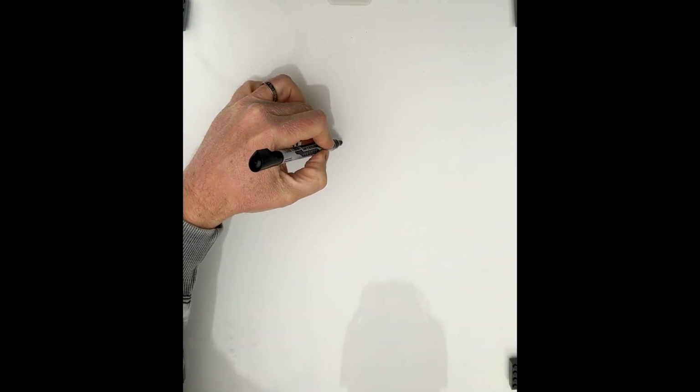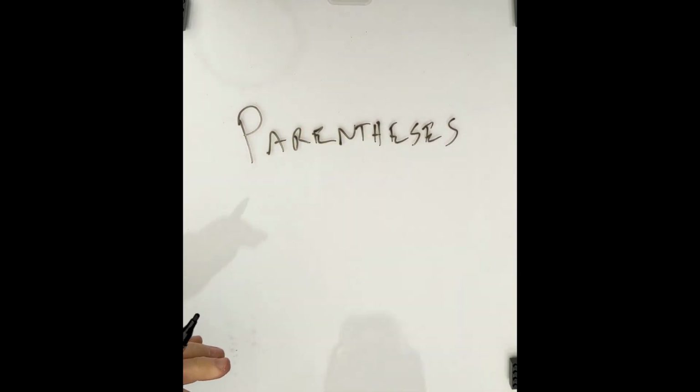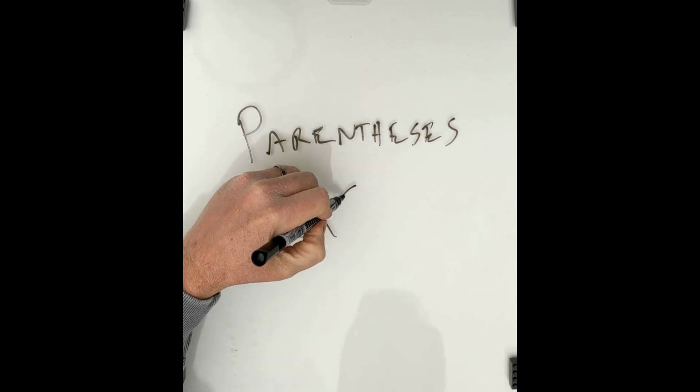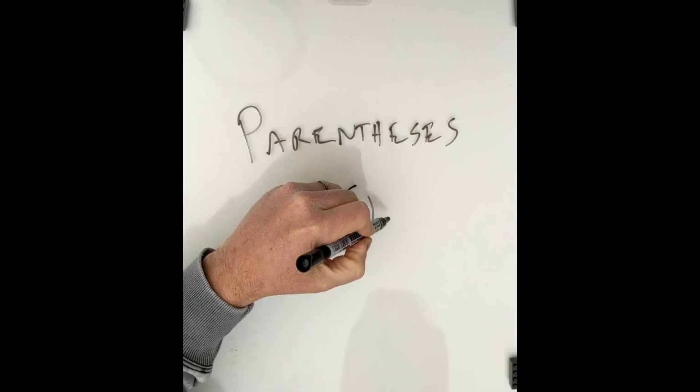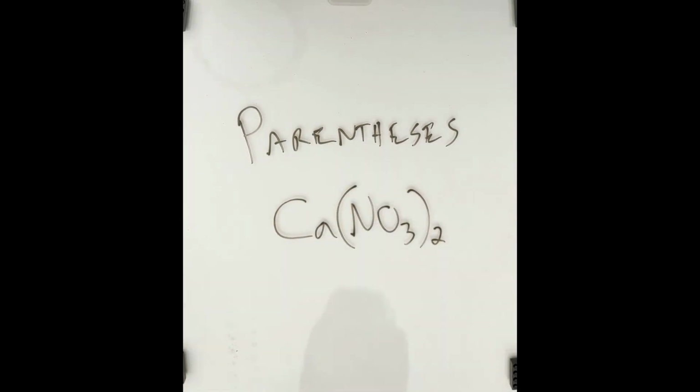Another thing that we might see in a formula is parentheses. And when it comes to the parentheses in a chemical formula, it works a lot like the parentheses do sometimes in math, right? Where we have, in this case, Ca(NO3) in parentheses with a little 2 next to it.